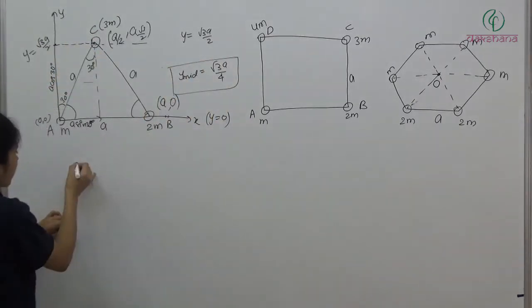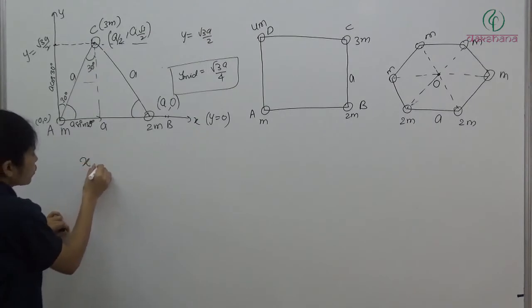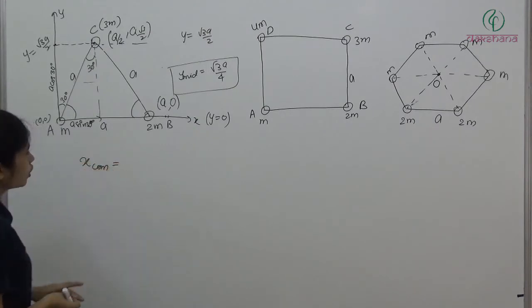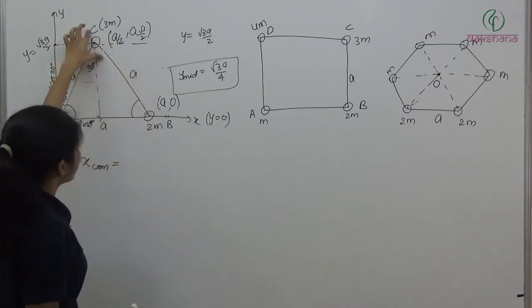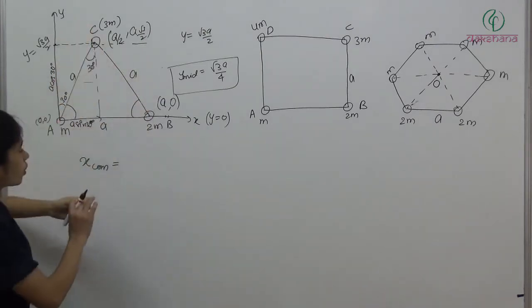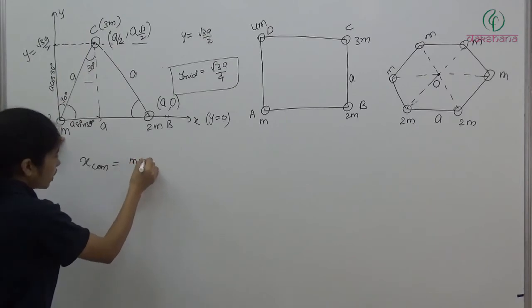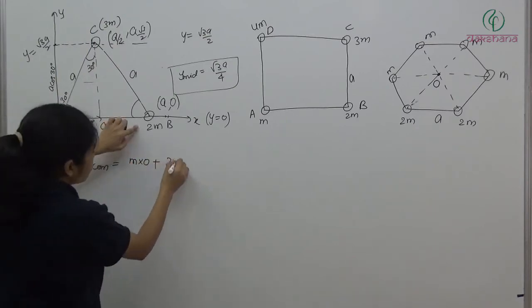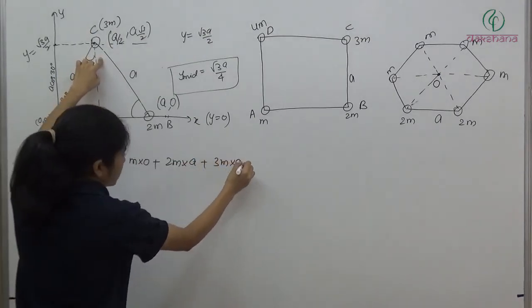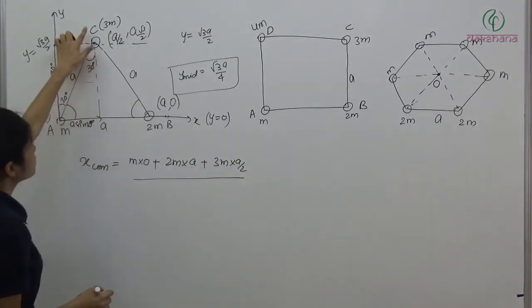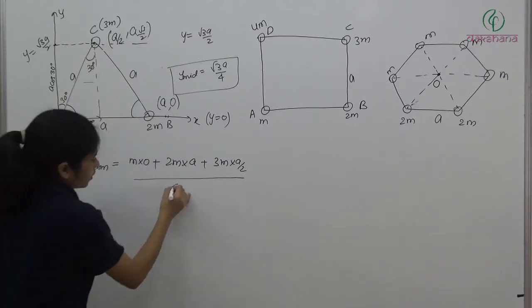How will we find x mid, the x of center of mass? So x of center of mass: one x coordinate is 0, another is 2m, and another x coordinate is a by 2. So m1 x1 plus m2 x2 plus m3 x3 divided by total mass 3 plus 2 plus 1, 6m.